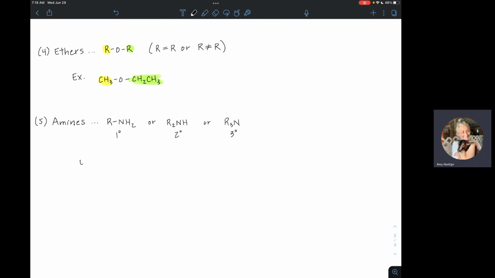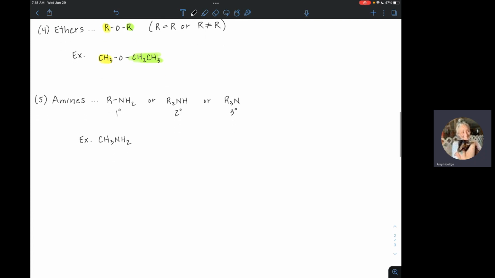So for example, keeping things small, we have methylamine. And that's an example of a primary amine. I guess we could do an example of a secondary amine.